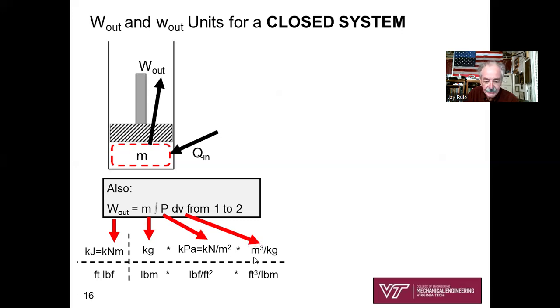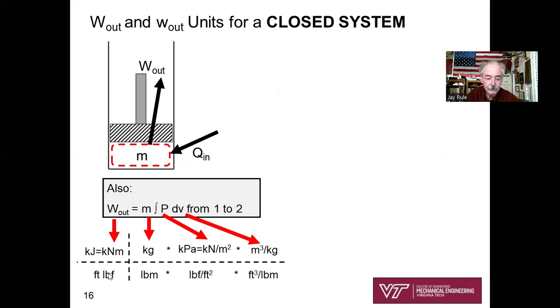And so if we study all these units, here's a kilogram in the numerator, kilogram in the denominator. Here I've got cubic meters in the numerator and square meters in the denominator. So I've got kilonewton meters. Yep, that checks. You see how the same thing works with English units, but we'd better go through them. Left-hand side, it's got to be foot-pounds force.